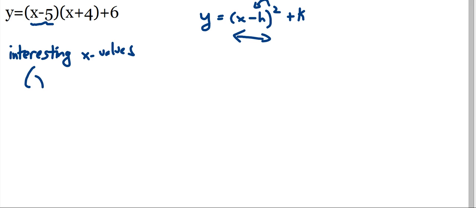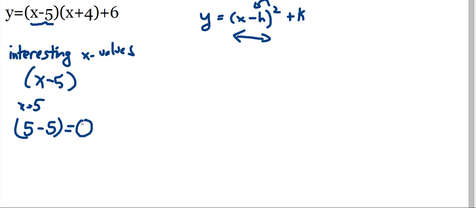Now when I look at this first bracket, x minus 5, I wonder what would make that interesting, or what x value could make it interesting. It appears that when x equals 5, we get 5 minus 5 in that bracket, which becomes 0.